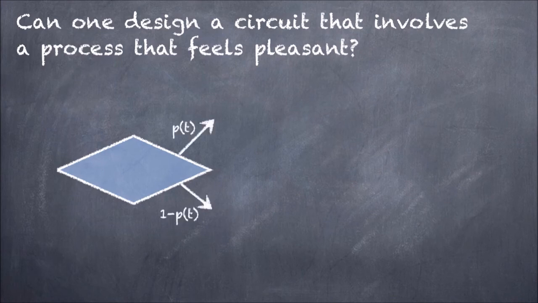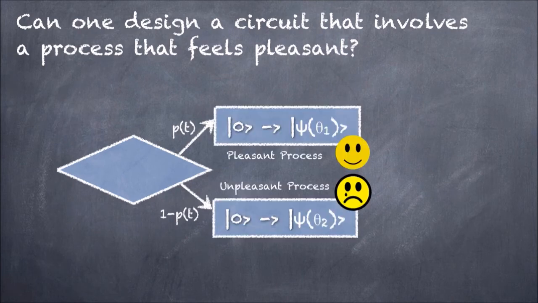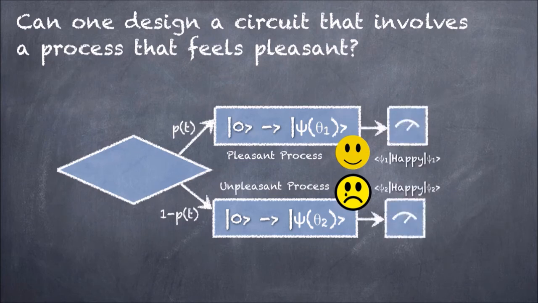Let's say you start with a decision where with a certain probability p you do something that's pleasant, and with a certain probability 1 minus p, you do something that's unpleasant. How would you proceed from here if you assume that you have some measurement device that can tell you how happy you were when you went through this process?